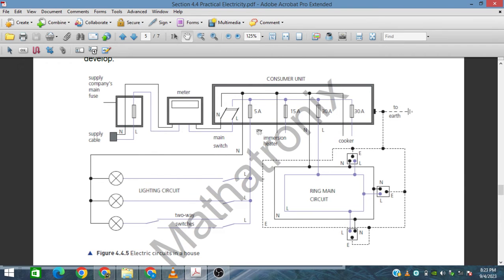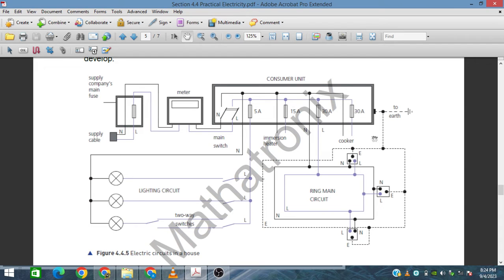In the next one we use this for the immersion heaters, or this comes to the main ring circuit, and from this ring circuit we have some earth wires as well. This earthing wire always comes in a socket, which we use for refrigerators, heaters, toasters or electric kettles.